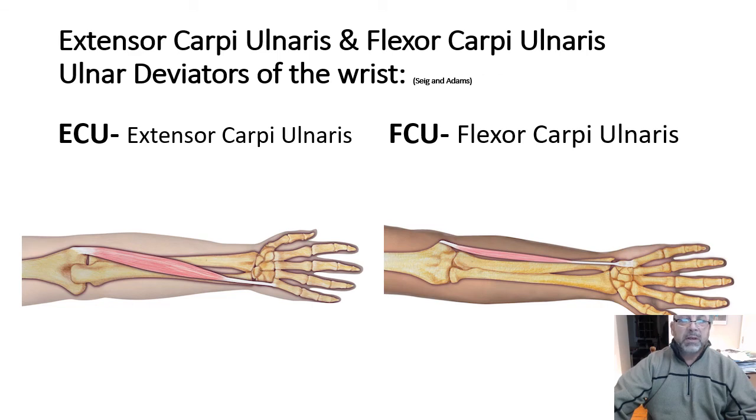Here you see an example of this. We have the flexor carpi ulnaris and the extensor carpi ulnaris, and they're both coming to the ulnar side. Even though they're extensor versus flexor, they can cancel out the flexion and extension, and both can act on pure ulnar deviation.